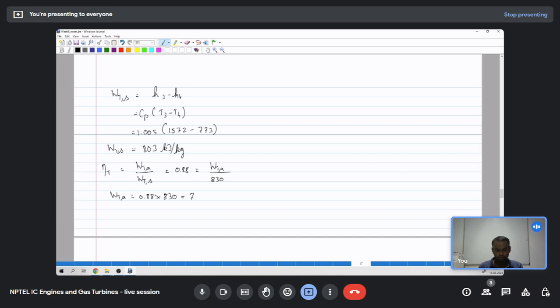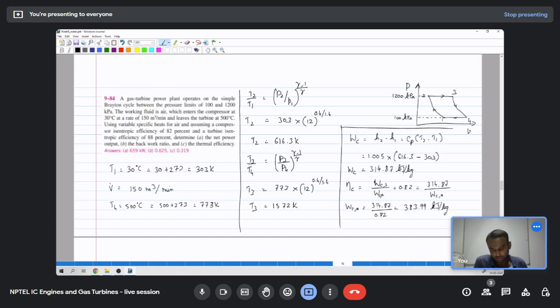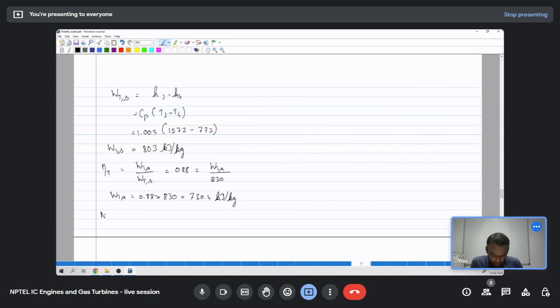This is 730.4 kilojoule per kg. Now we can calculate the net power output, or net work output.